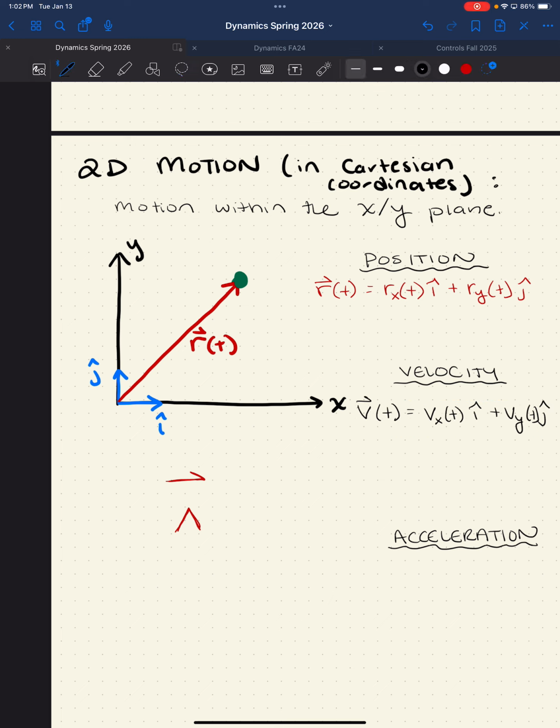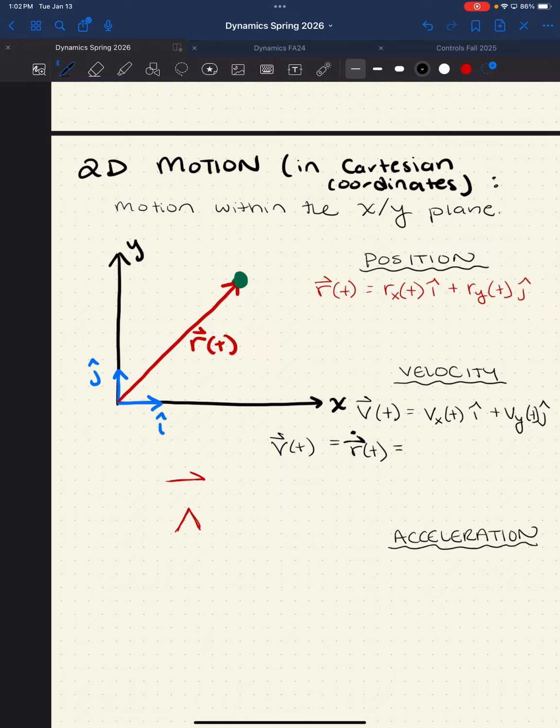How else can I write this? Can I write this in any relation to position? Say? Okay, we can say that v of t is equal to r, the vector itself, dot. It is the time derivative of the r vector.